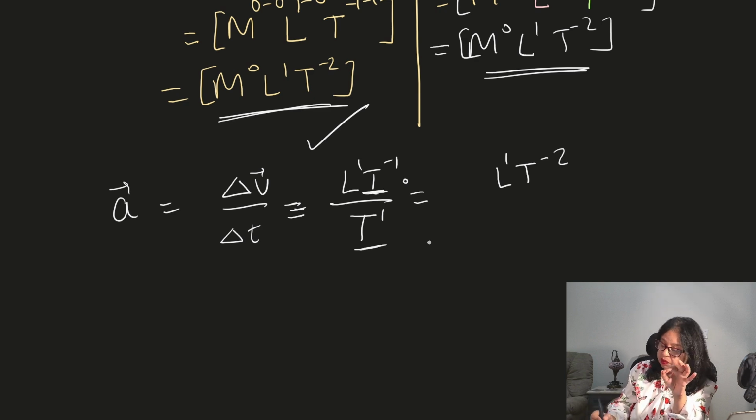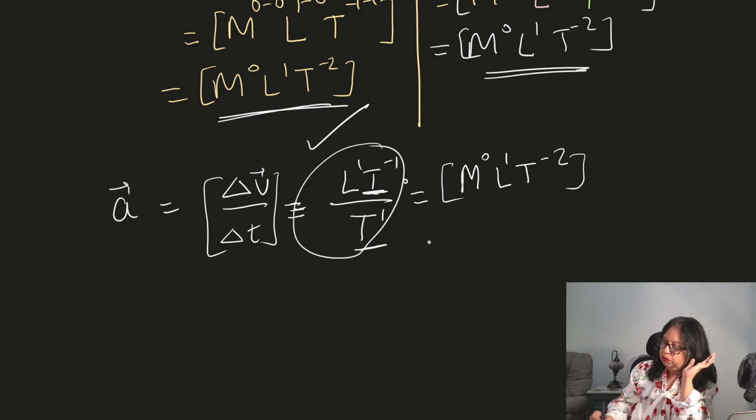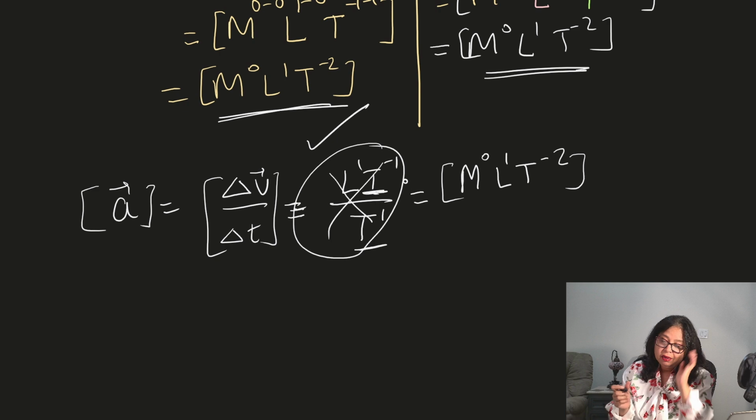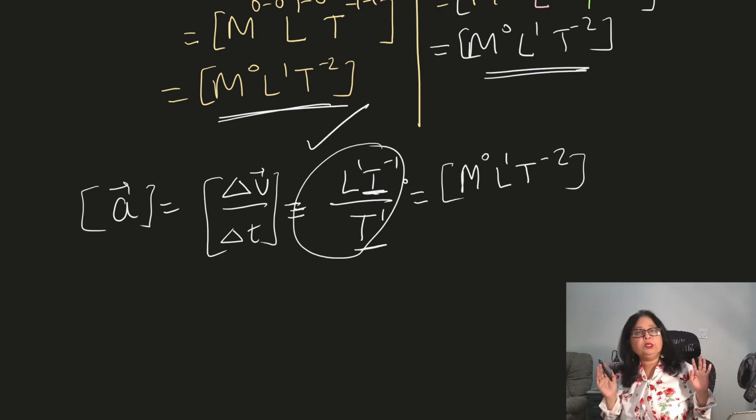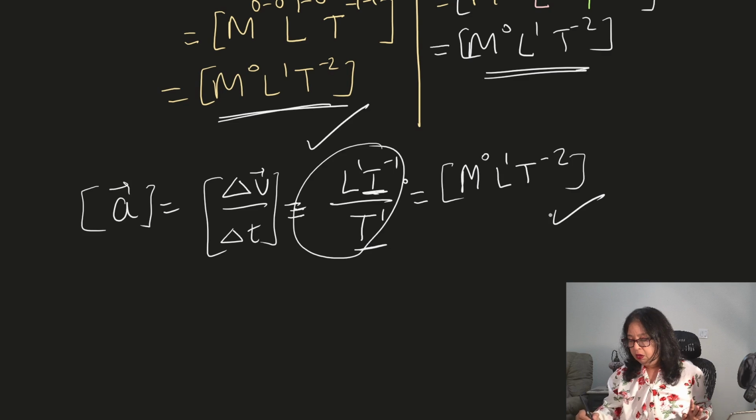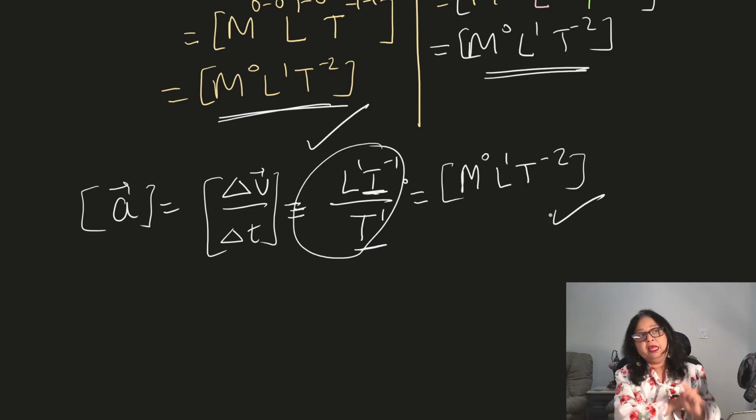Together it becomes T to the minus 2. But like we know, we have to write M, but there is no M, so it has to be M to the power 0. There. So this is kind of like an intermediate step that is technically incorrect. But hey, if it makes sense to you, it makes sense to you. You're not showing your work to anybody. All you're interested in is the final answer, and you got it.